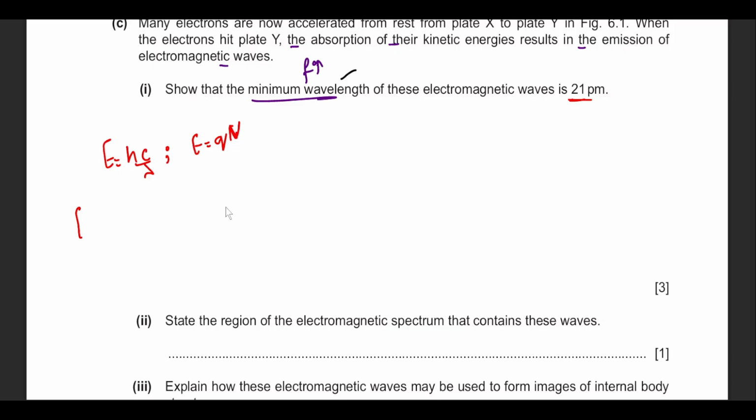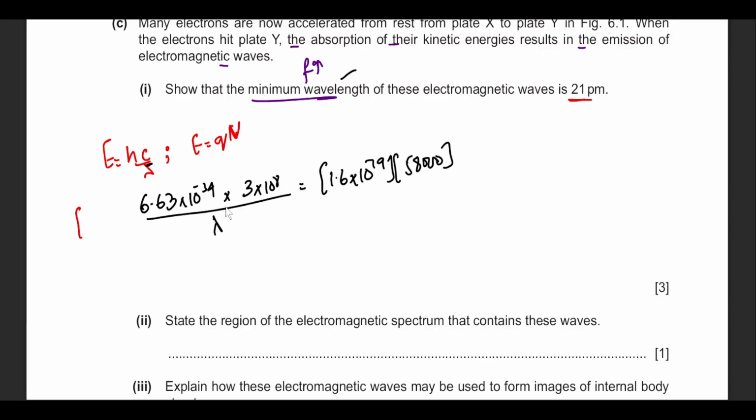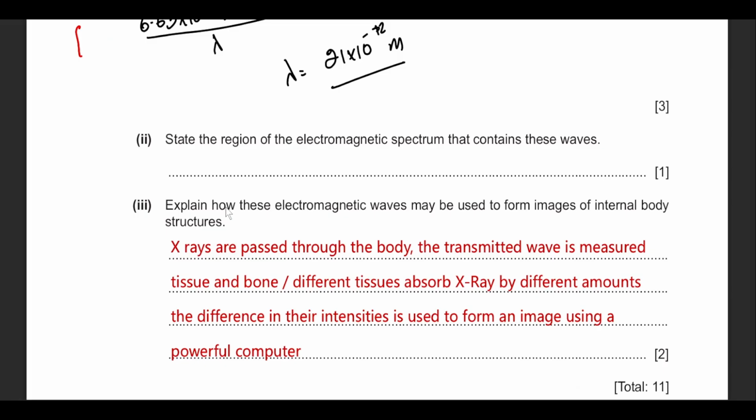This becomes 6.63 into 10 raised to the minus 34 multiplied by the speed of light c divided by lambda, which is what we want to find out, equals QV, 1.6 into 10 raised to the minus 19 into the voltage that's available, 58,000. So lambda comes out as 21 into 10 raised to the minus 12 meters, picometers. State the region. This is X-rays.